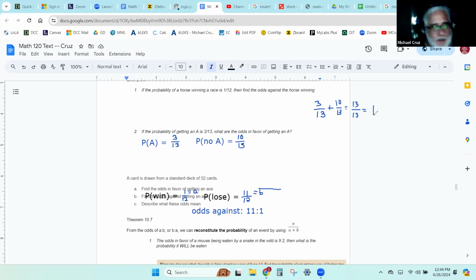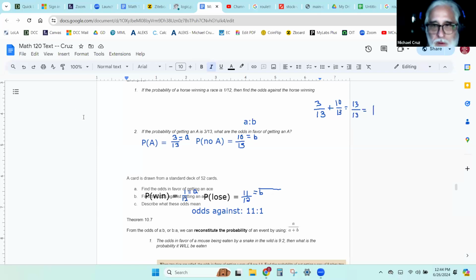So essentially what we're doing here is using the poor man's complement rule to just subtract 3 from 13 to give us the numerator, or our B. Same thing here. This is the A now, and then this is the B. So odds in favor now. They're backwards from what was up there. It's A to B.